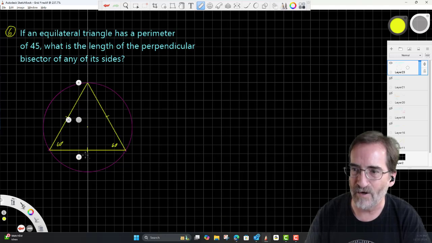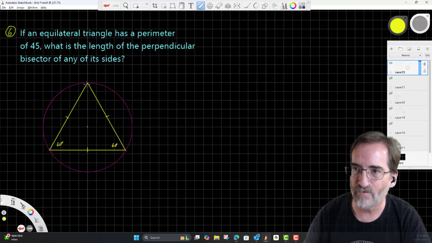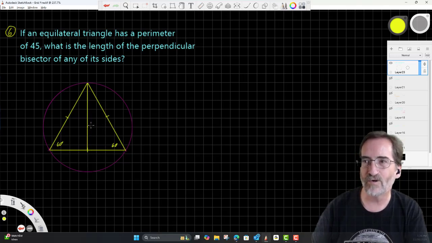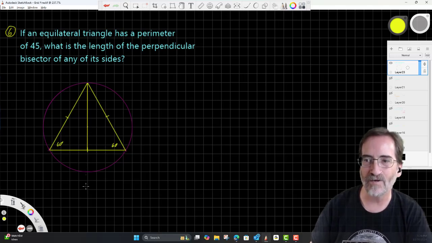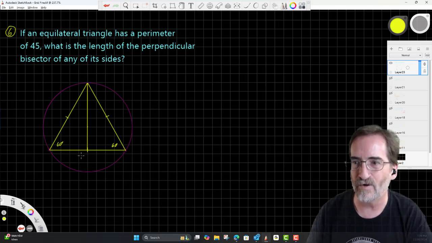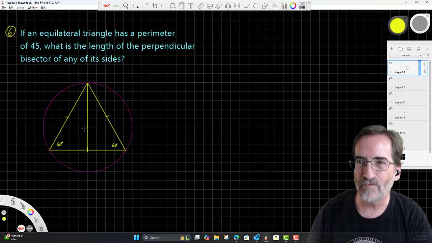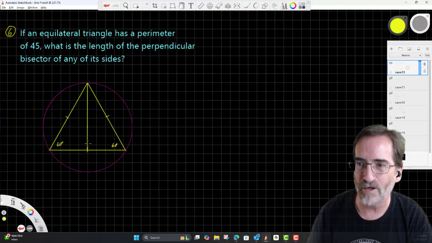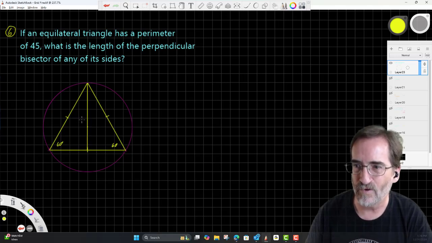It's also the same as the altitude of the triangle, and it is the same as the angle bisector of the triangle because all 3 lines are the same in an equilateral triangle. Now, perpendicular bisector technically is an infinitely long line. It just goes forever. By length of the perpendicular bisector, one has to make the assumption that they're talking about the distance between the vertex and the midpoint. In other words, this height, this length we'll call h.